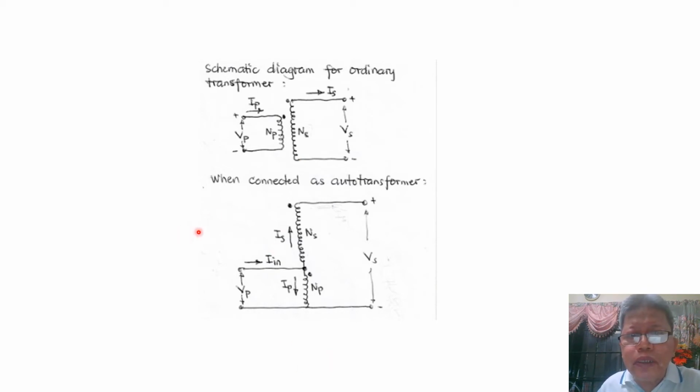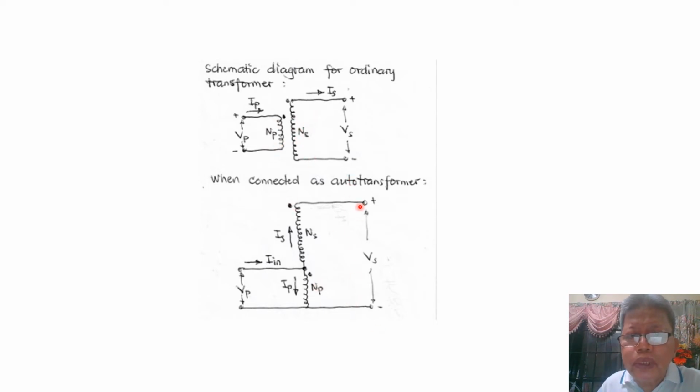Still, the transformation ratio would be the same as in the previous case, except that the secondary voltage in this case is now raised to a much higher voltage than the voltage rating of the secondary here, because the voltage of the primary winding adds up to the voltage of the secondary winding.